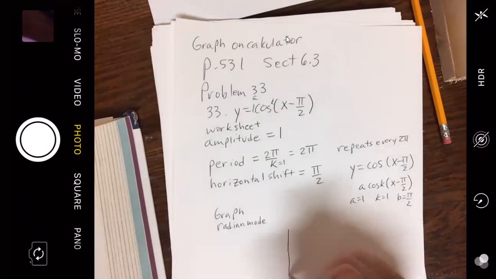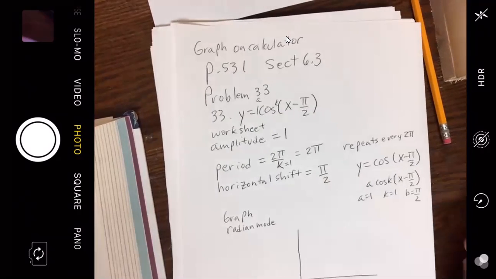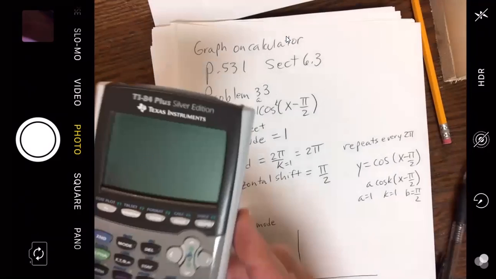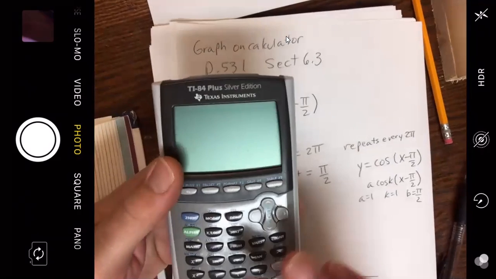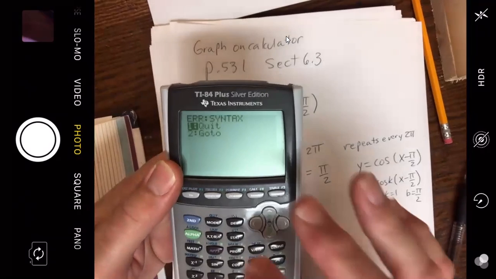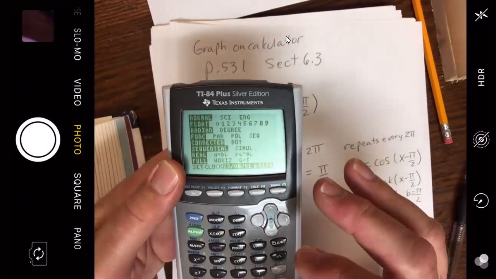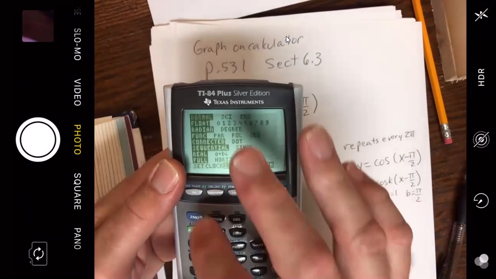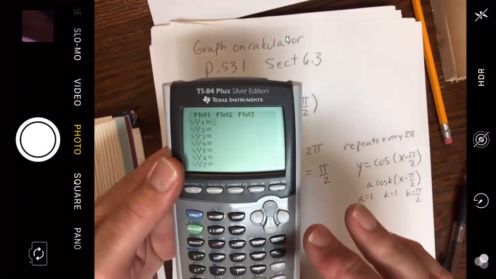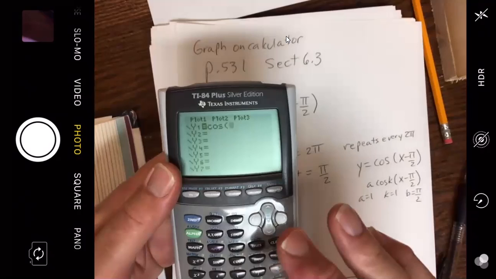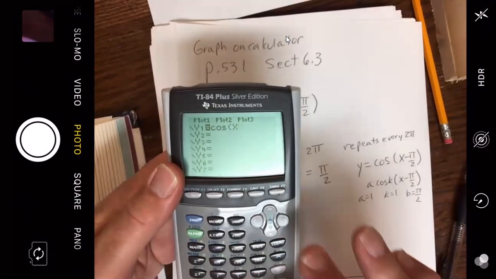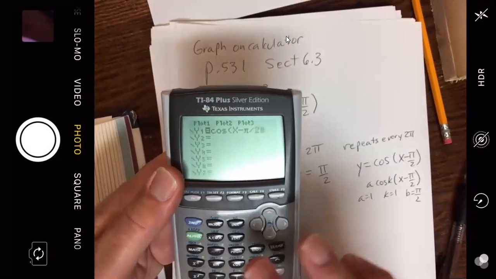So if we actually draw a graph, you don't really have to worry about what they're saying about one complete period. We can just pretty much enter it on the calculator and draw the graph. Make sure I'm in radian mode. Y equals, and we want cosine of x minus pi divided by 2.